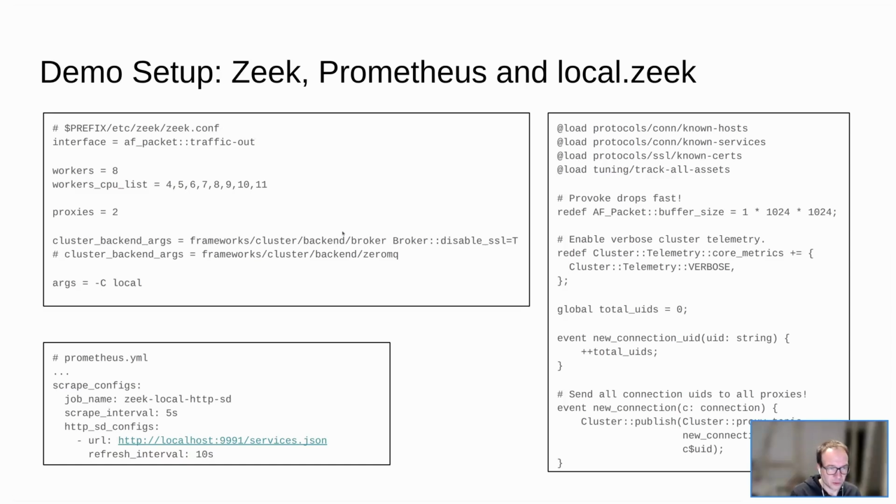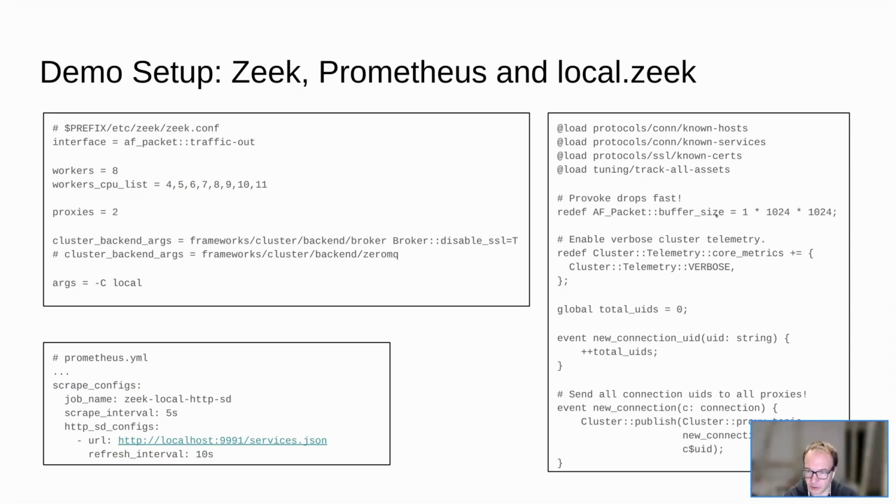The other two boxes are showing the Prometheus YAML file that I'm using locally to scrape that Zeek cluster. And on the right side, there's a snippet of the local Zeek file. And I guess most interesting, I'm loading the known scripts just to produce some cluster traffic, and I reduced a bit of the AF_PACKET buffer size to start dropping packets earlier when the processes are overloaded.